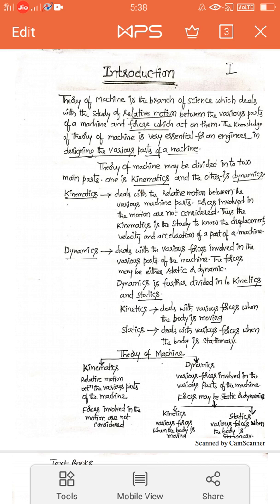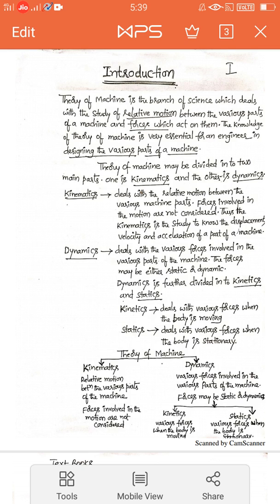Therefore, the overall classification of theory of machines is mainly divided into two parts. As I said, one is kinematics, the other one is dynamics. In kinematics, what we focus on is we just study the relative motion that is occurring between each and every part of a machine without considering the forces that are responsible for the motion of each and every part of a machine.